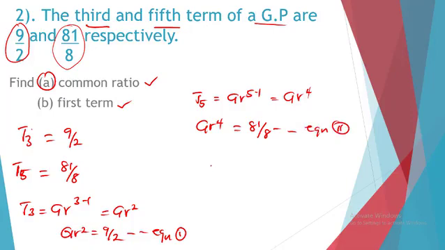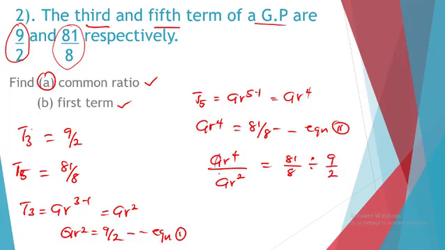So dividing equation 2 by equation 1, we have ar^4 divided by ar^2, and that will give us 81/8 divided by 9/2. So what do we have?